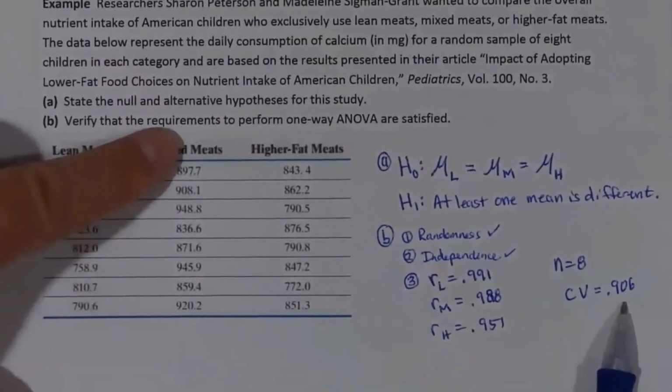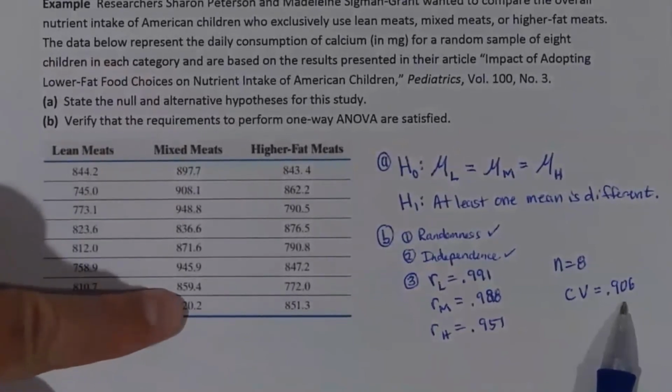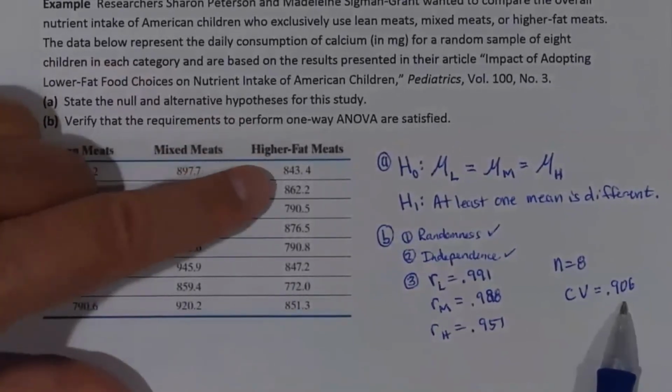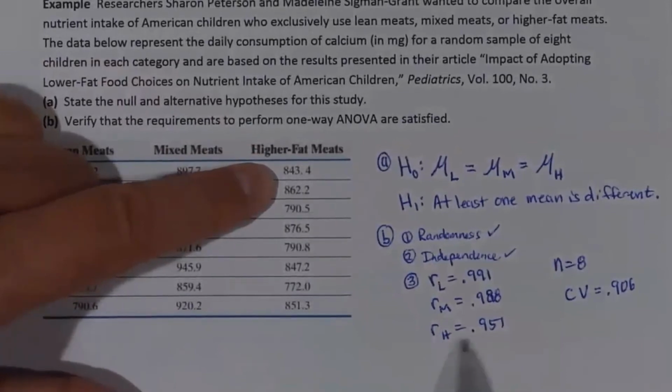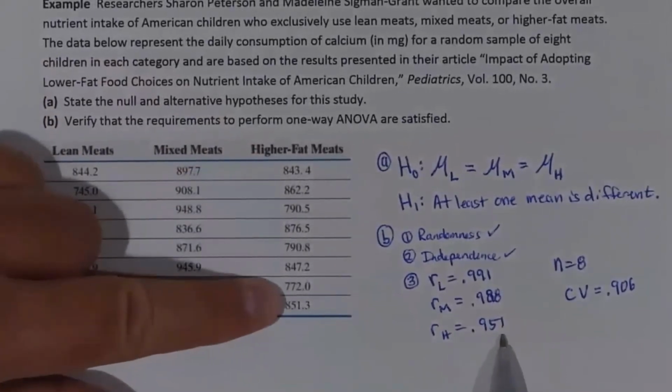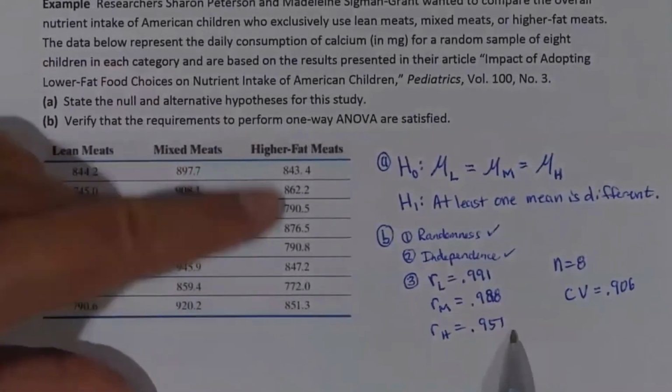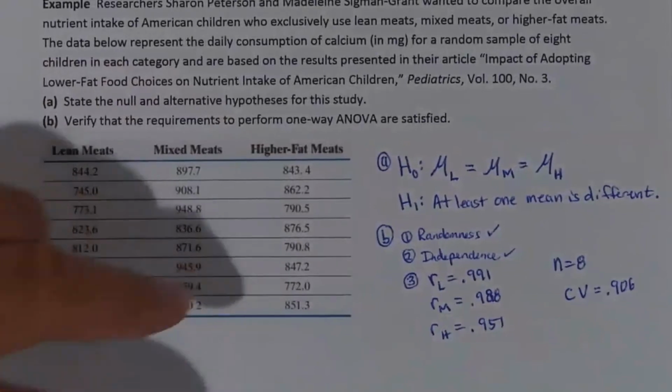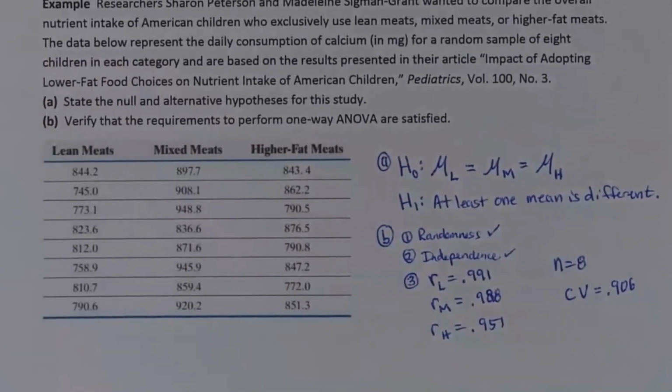So this mixed meat data probably comes from a normal population. And similarly, the correlation statistic for the higher fat meats, it's lower, but it's still 0.951. That's still bigger than 0.906. So this data probably comes from a normal population. So that's our third condition that's met.